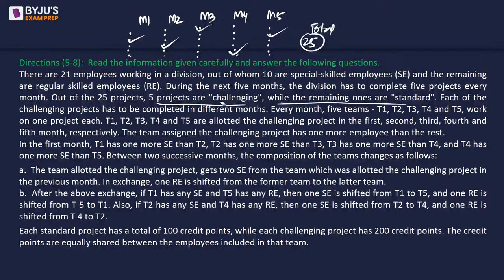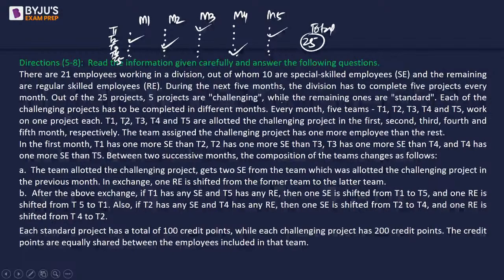Oh, it doesn't say each of the challenging projects has to be completed in different ones. So obviously we have got one. Why मैंने one per month लिख लिया, because it says in the next line itself. Now every month 5 teams work on one project each. So let's say T1, T2, T3, T4, T5.